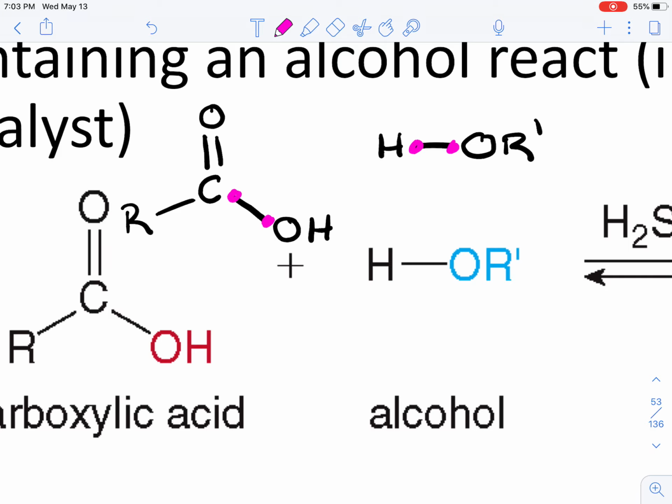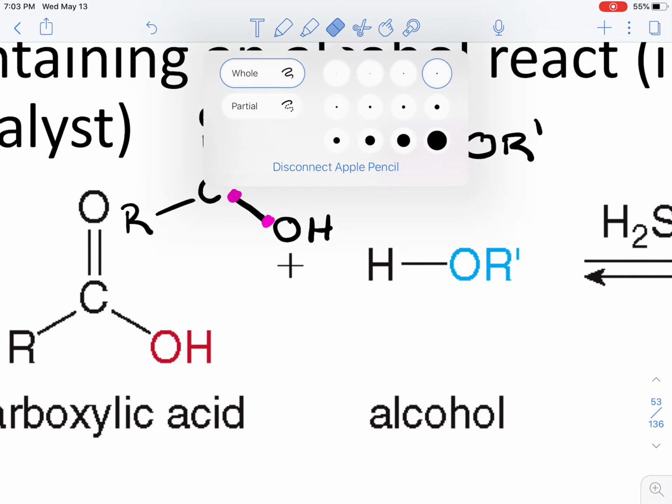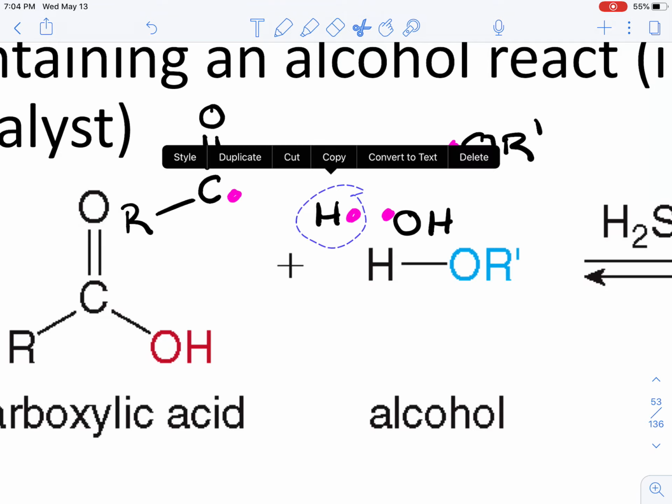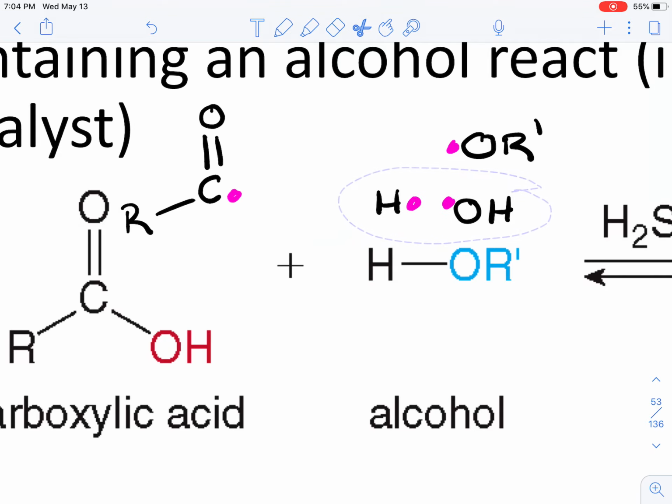And so during the course of this dehydration reaction, even though this is not the exact mechanism, the single bond is going to be destroyed, if you will, allowing these pieces to rearrange amongst themselves so that the hydrogen from the hydroxyl group from the alcohol is going to form a covalent bond to the OH group in the carboxylic acid.